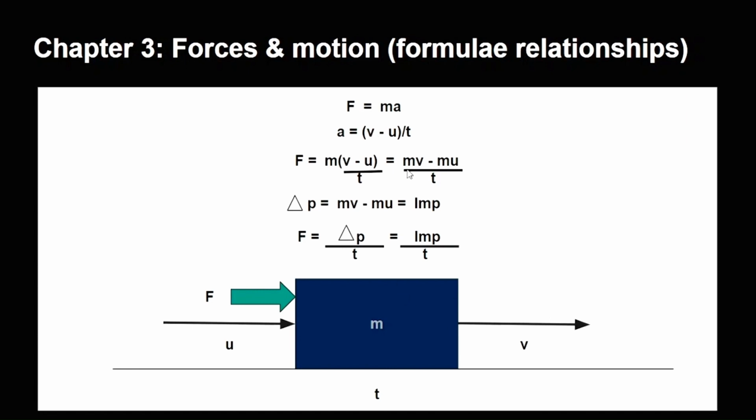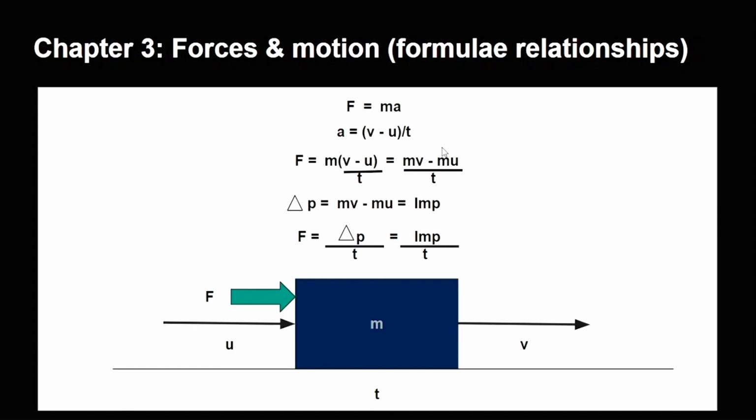Now, the acceleration, if we go back to the topic of motion, if you look at my video on the topic of motion as well, you will know it's the rate of change of velocity, or the change of velocity over the time during which this change happens. So in this scenario, the velocity changes from u to v, so the change in velocity is v minus u, and this happens over a time t. So the acceleration is equal to v minus u divided by t.